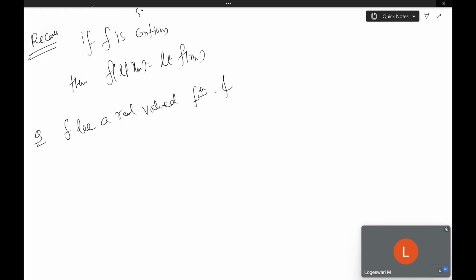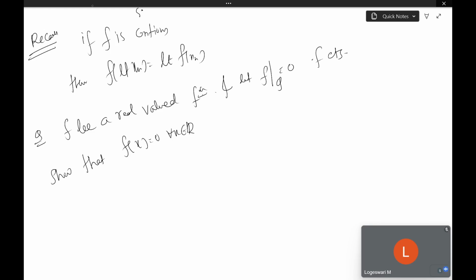And let f restricted to Q be 0. Show that f(x) is 0 for all x belonging to R. And obviously here f is continuous.